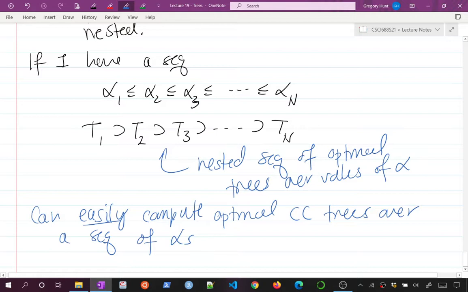We can easily compute that. So it's really easy to take a whole sequence of alphas and compute the nested sequence of optimal trees. If I chose this alpha, what would my optimal tree be? If I increased it, what would it be? And so it's really easy to get a whole bunch of different trees to look at.